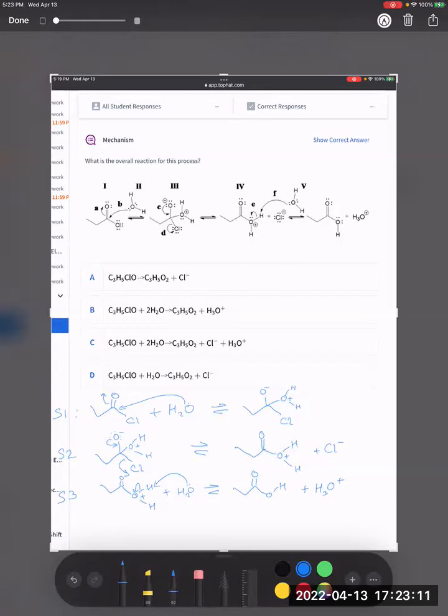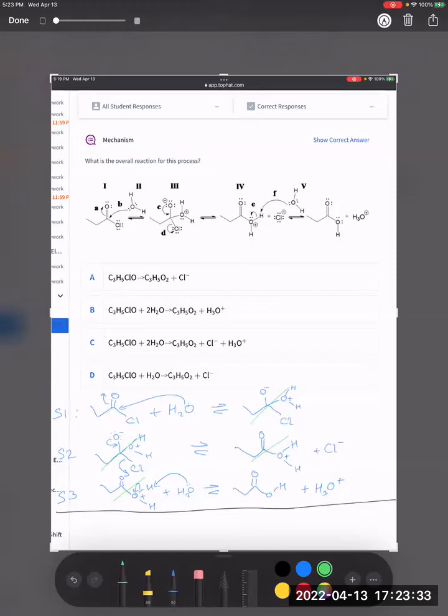So to find the overall reaction, what we need to do is add these steps up. Okay, and when we do that, the intermediates cancel out. You can see that this is produced and consumed, so that cancels out, and this is produced and consumed in a subsequent step, so that cancels out as well.